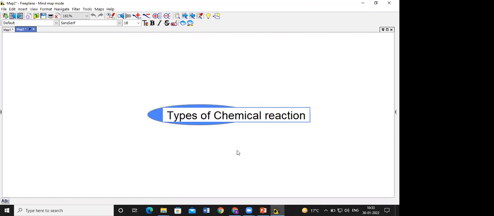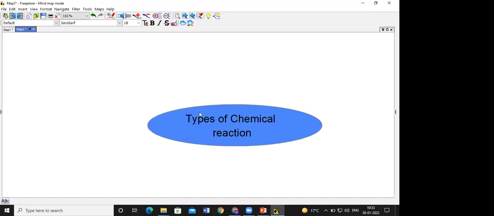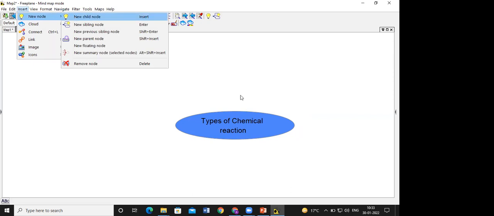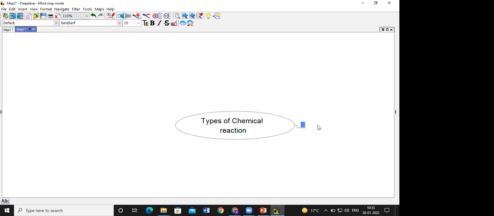Is it clear? Now, for this types of chemical reaction, I want to show the different types of chemical reaction. What are the different types of chemical reaction? They are combination reaction, decomposition reaction, displacement reaction, and acid-base reaction. Very good, sir.